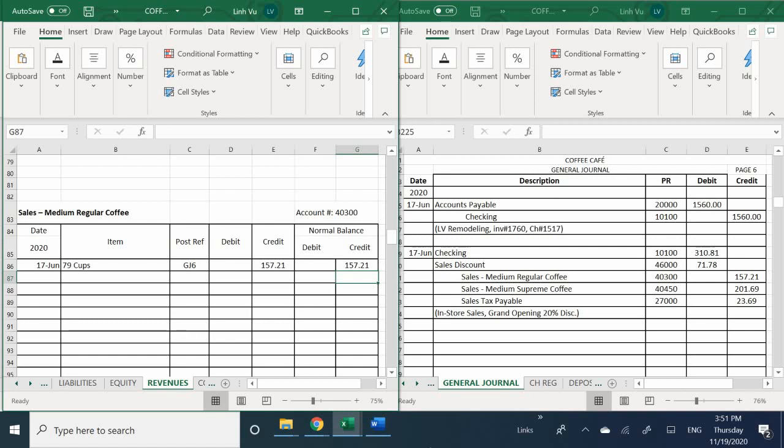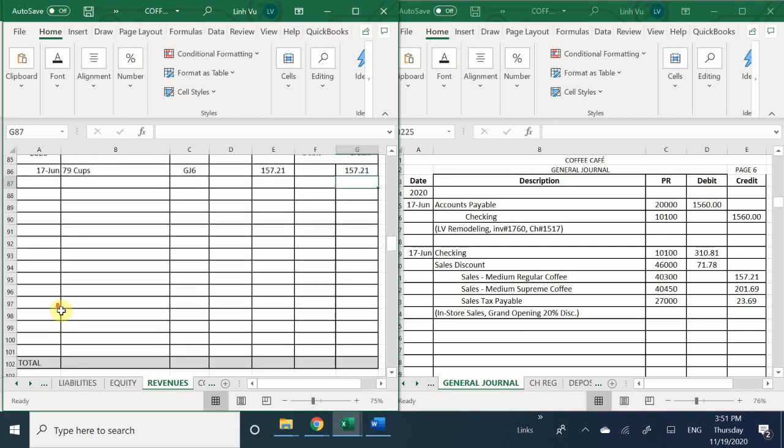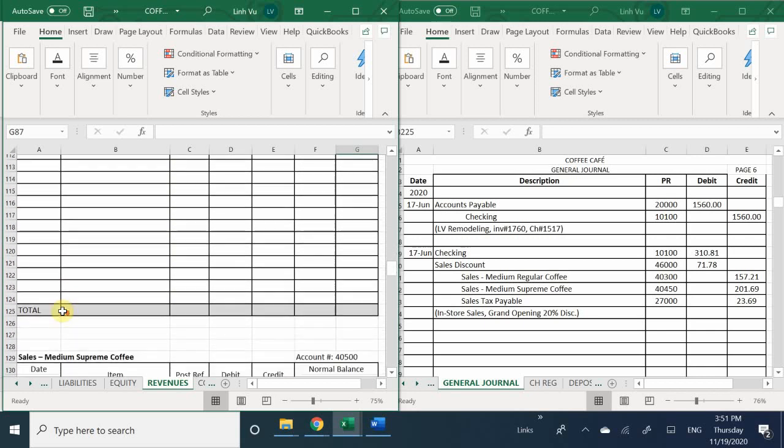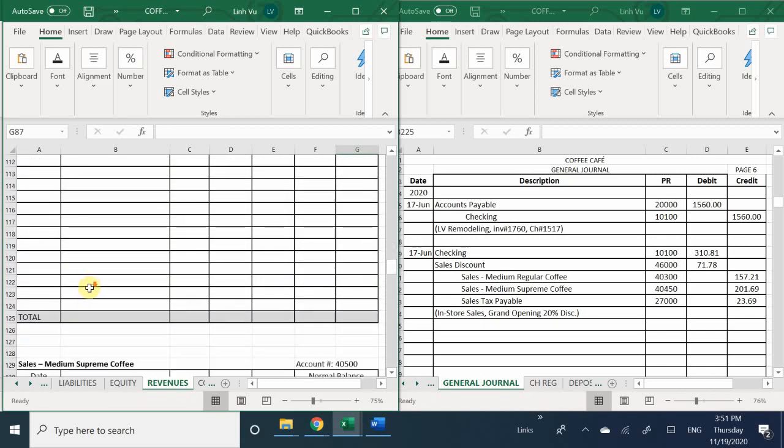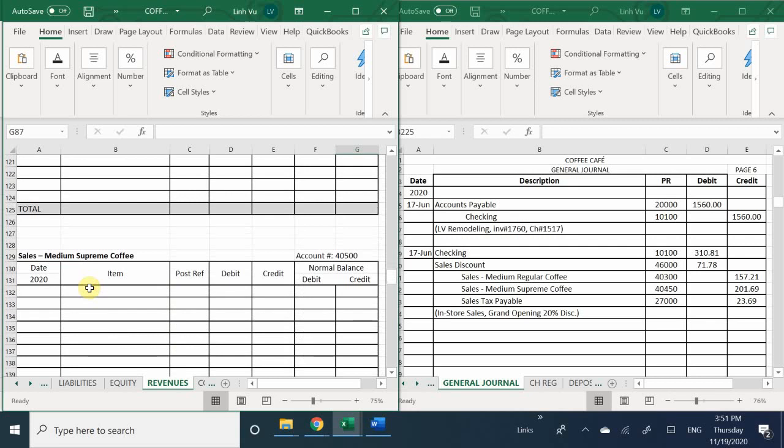Then the next one is going to be the 40450. Yeah, so I forgot to cut out this table out here, so you can go ahead and scroll down and find the medium supreme coffees.